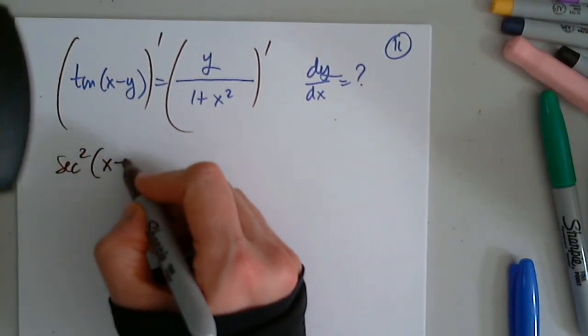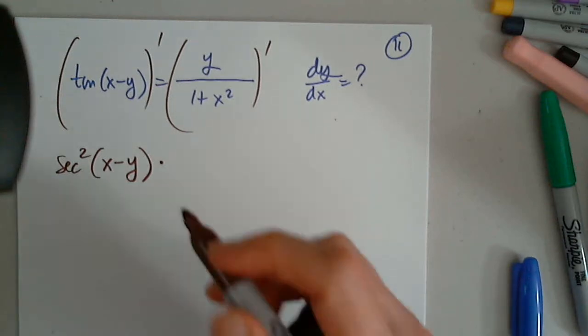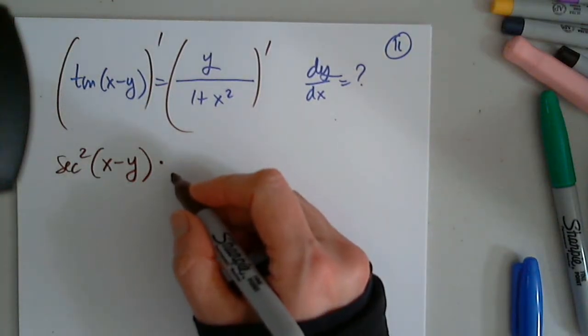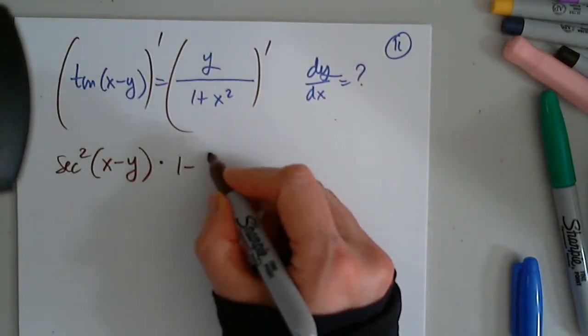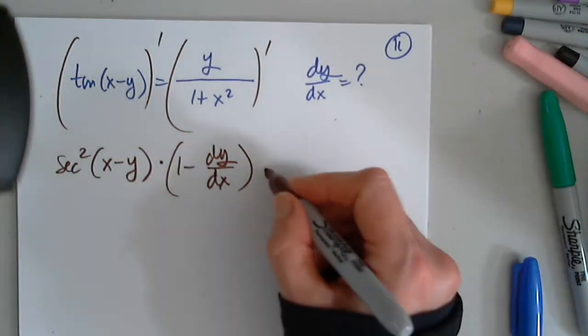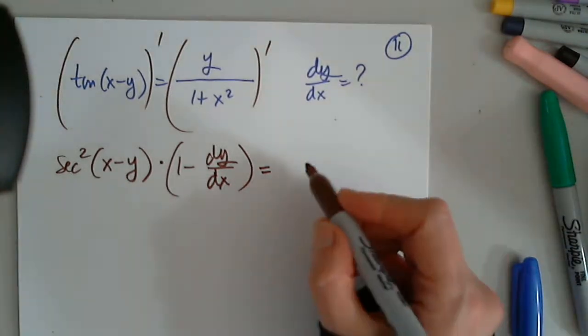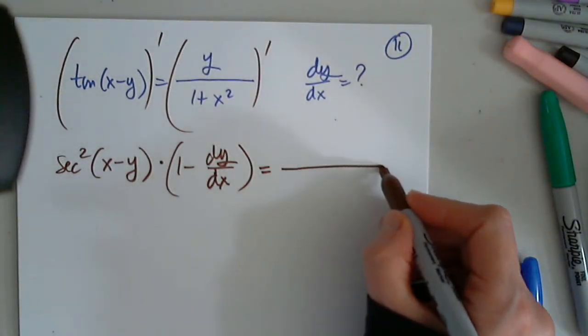Secant squared of x minus y times the inner function prime. One minus dy over dx. Brilliant. Does everyone understand this? Yes. Thank you. The right-hand side is a mess.